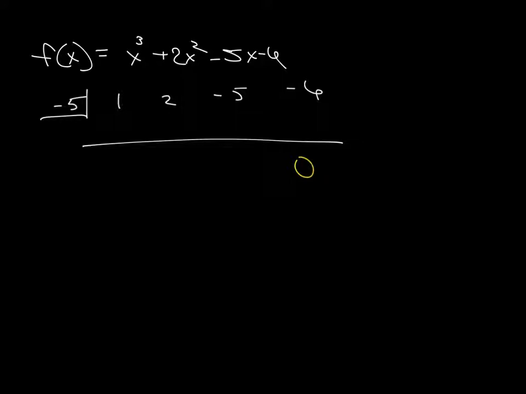Yay! Which means that one of my factors would be x plus 5. Okay, it's always going to be the opposite of that because this is really negative 5 plus 5. Put negative 5 in here for x and get 0, so that tells you that it's a 0.